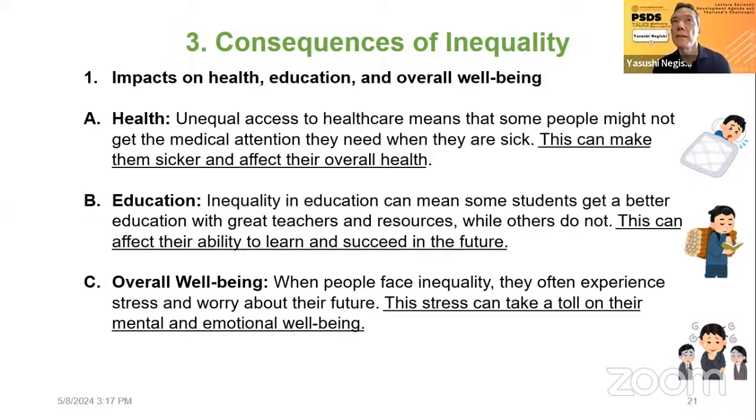Then this can make them sicker and affect their overall health. The second is education. Inequality in education can mean some students get a better education with great teachers and resources, while others do not have. This can affect their ability to learn and succeed in the future.